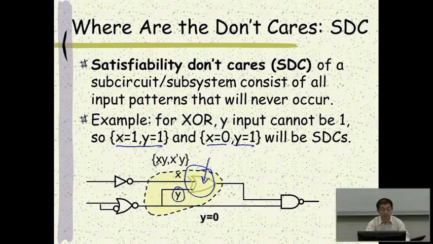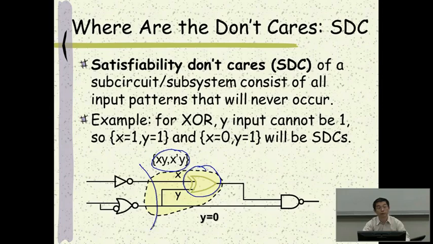We represent these two cases by xy, which means x equal to 1, y equal to 1, and x prime y, which means x equal to 0, y equal to 1. These are the two don't care conditions for this exclusive OR gate, because these two input combinations cannot be satisfied by the earlier part of the circuit. That is why we call them satisfiability don't cares.